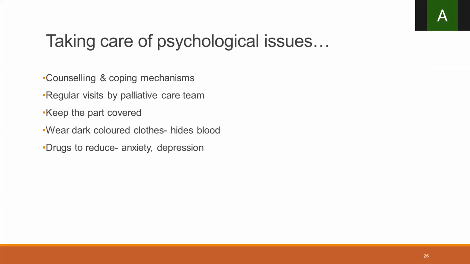Wearing of dark colored clothes so that you can hide the blood. Drugs to reduce anxiety and depression. So constant evaluation will help in identifying whether the patient is undergoing any anxiety or depression, and drug management can be given. Next slide, please.